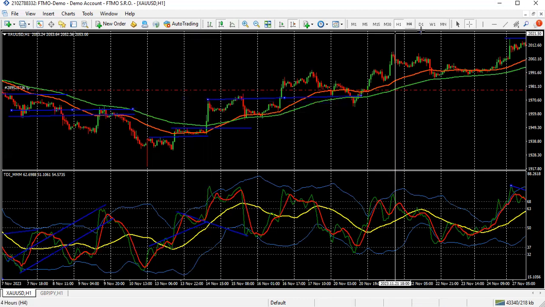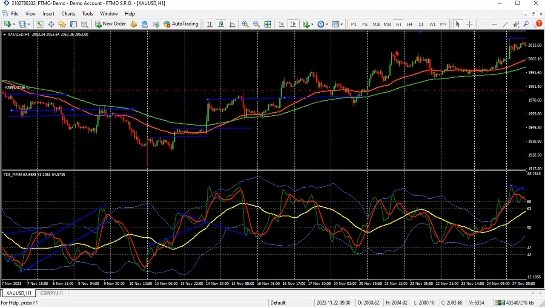What I do for my risk management is I risk 30% of my account, and in that I divide to find my lot size. All right, that's all I'm doing. Actually, forgive me. I divide my capital by 200, and then whatever that is, I let my risk tolerance be 30%.